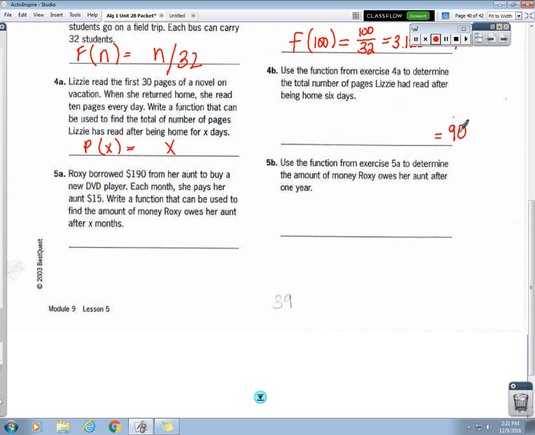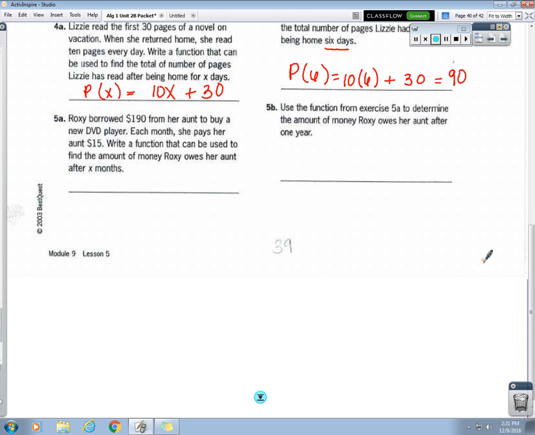What did y'all do in your heads to get that? Okay, but where did the 60 come from? 10 pages a day for 6 days plus the 30 she read on vacation. That's what you did in your head, right? So as a function, wouldn't that be 10x plus 30? We just plug the 6 in the x place once we knew 6 days. So over here you put P of 6 because you're plugging in 6 for 6 days.